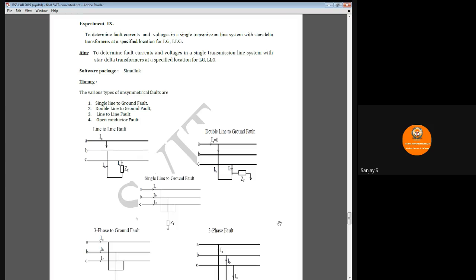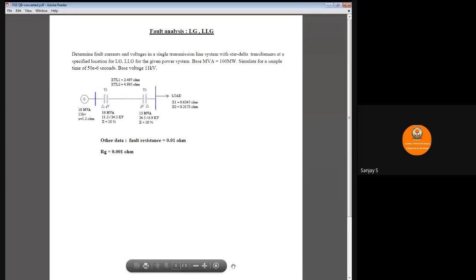So let us consider the sample system now. This is the sample system single line diagram. Let us go through the statement.